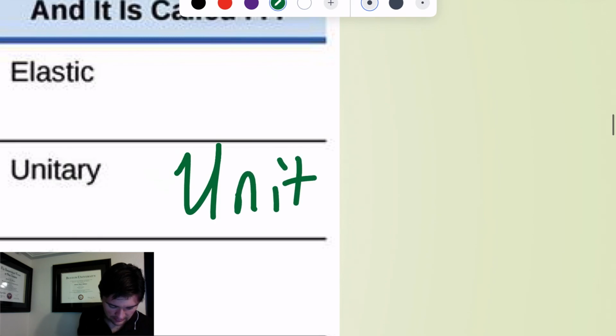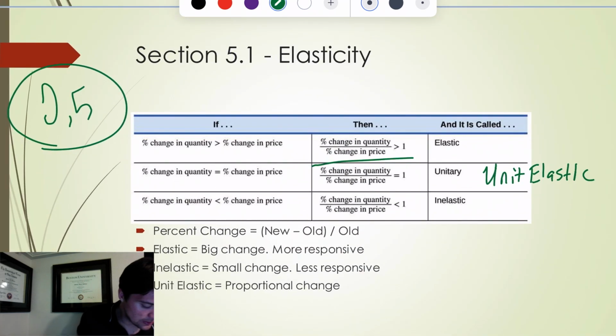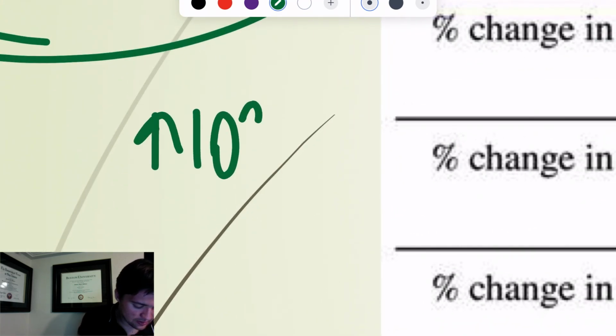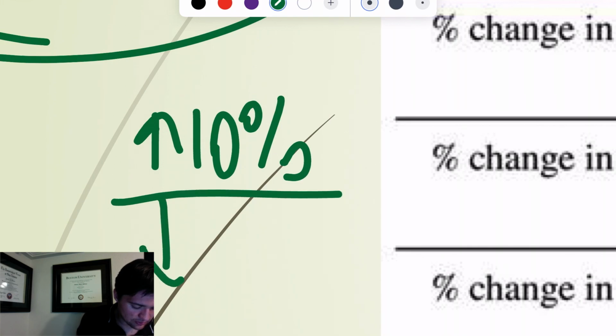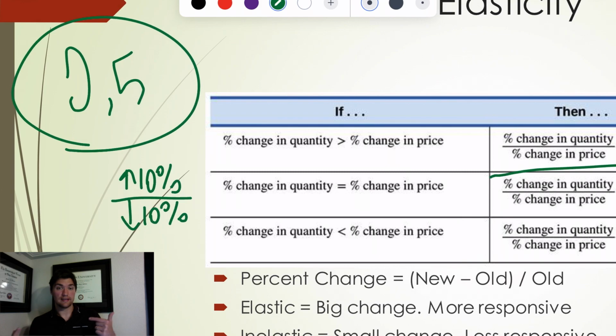When something is unit elastic, what that means is that your quantity goes up 10% and your prices go down 10%. So they basically change the same. So that would be unit elastic.